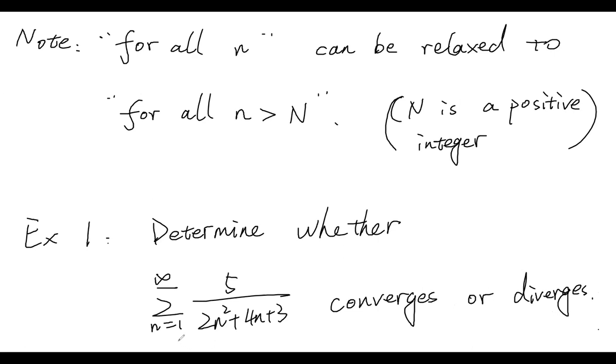So apparently, this is the series a_n in the comparison test. And in order to use the comparison test, we need to first figure out what series we want to compare this series to.